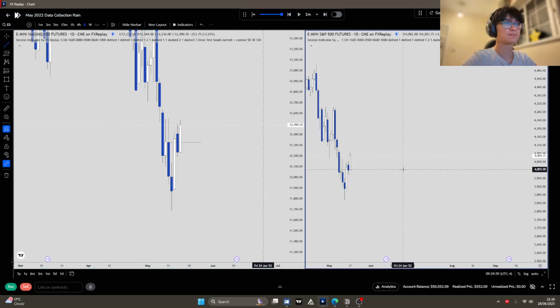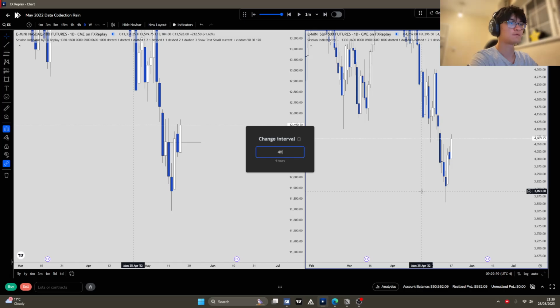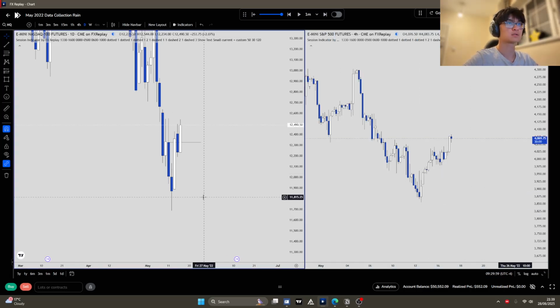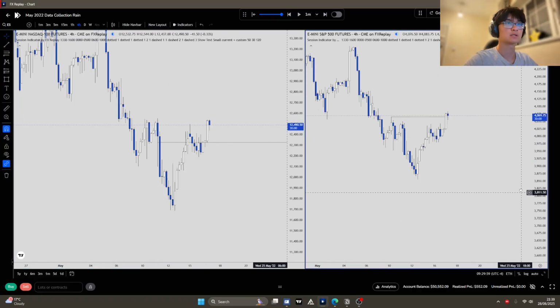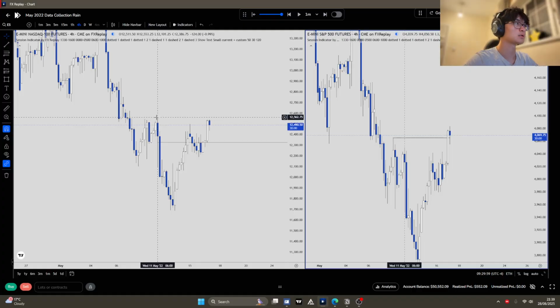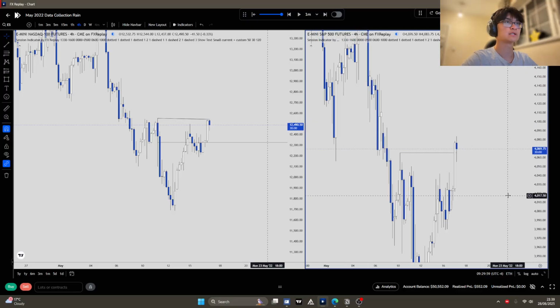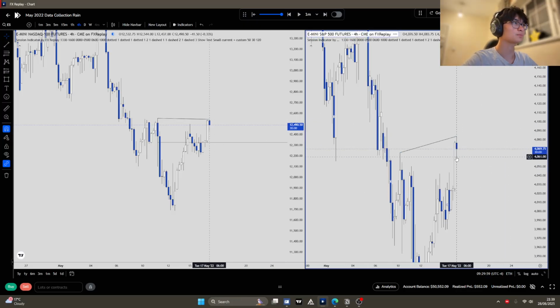Changing the state for our, took out these highs on ES. Doesn't look like we've taken out on NQ. So no, we haven't taken it out.